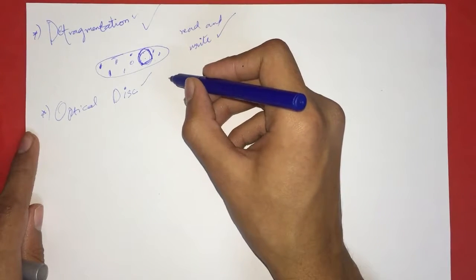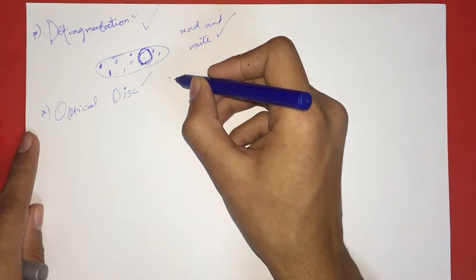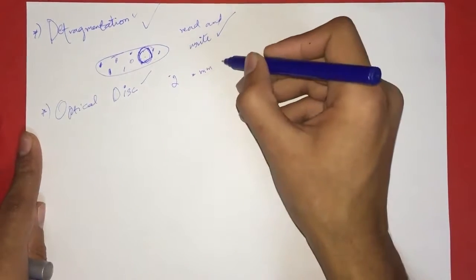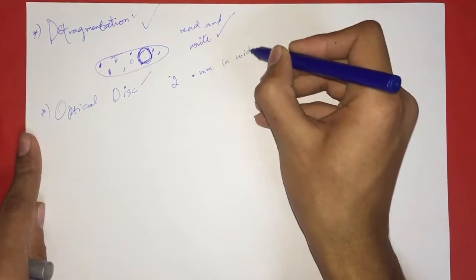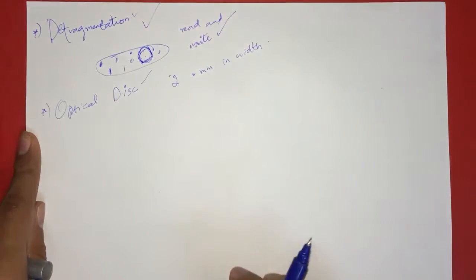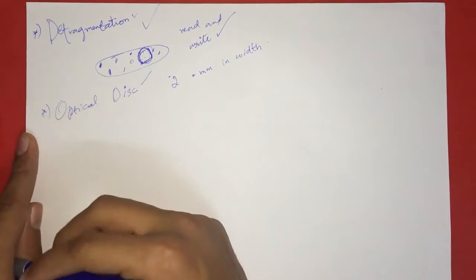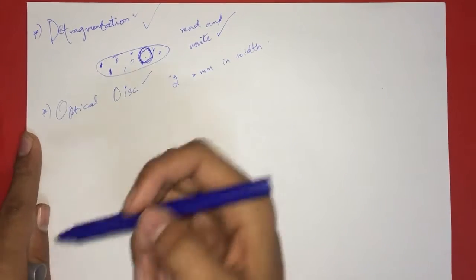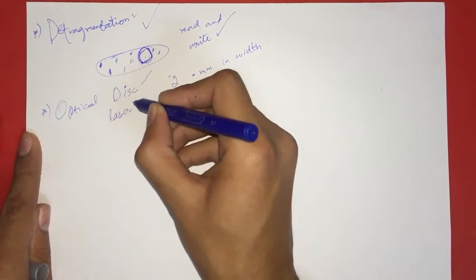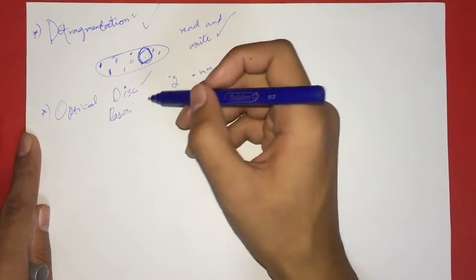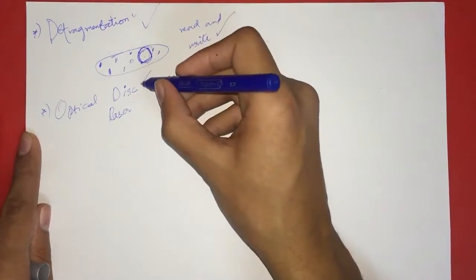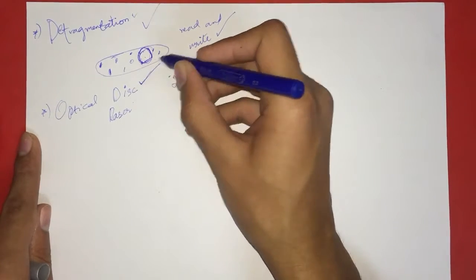I think they are point something millimeters in width, and you insert them into the optical disk drive, and they get read by a laser inside. So the laser helps the computer to read what is written in an optical disk.